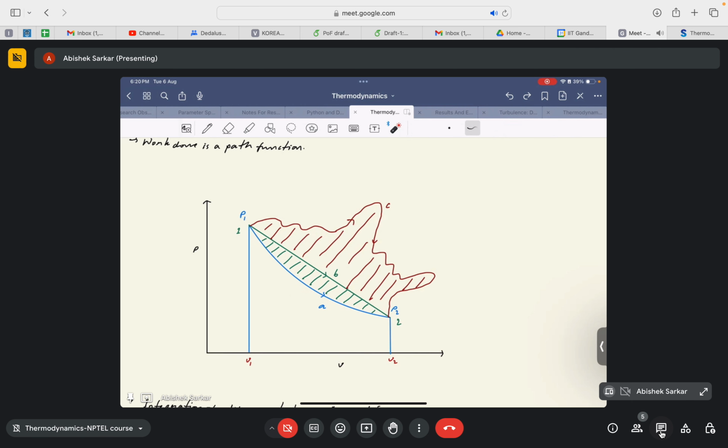So it distinctly shows us why work is a path function, because the area under the integral of PdV changes with the path followed. You will also see that heat interaction is a path function. There we will be dealing with the TS curve, or the temperature-entropy plots, and we will see how the area under temperature-entropy plots gives the net heat interaction.